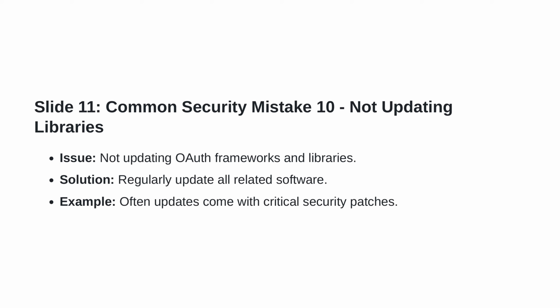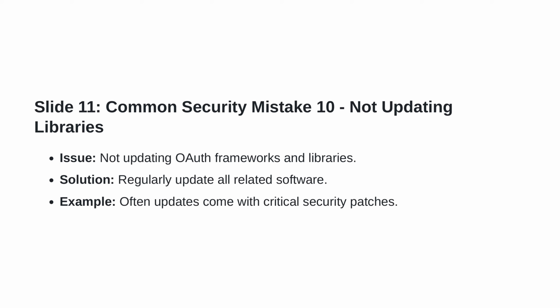For instance, in the world of web or mobile application development, when you're working with OAuth and you skip an update, not only do you miss out on any new features or improved functions, but also you run the risk of exposing your system to possible security issues that would have been taken care of in the latest update. In short, the solution to this is quite simple.